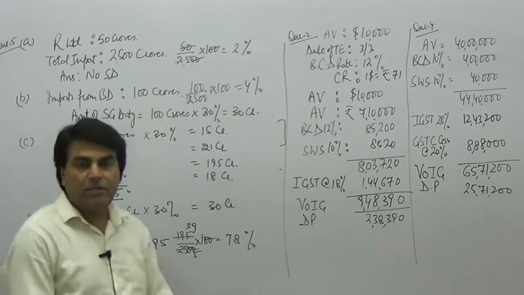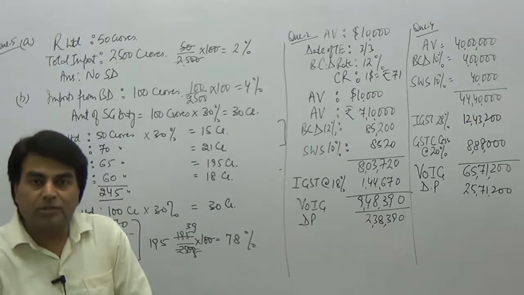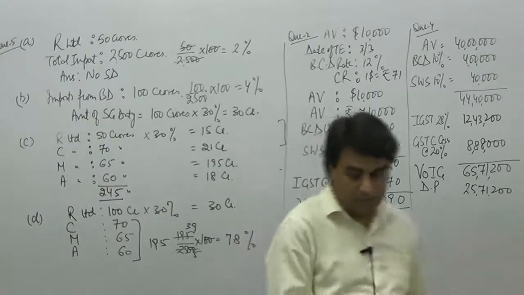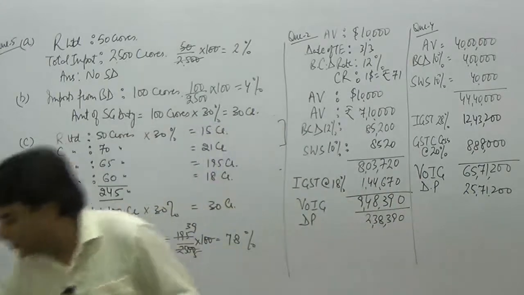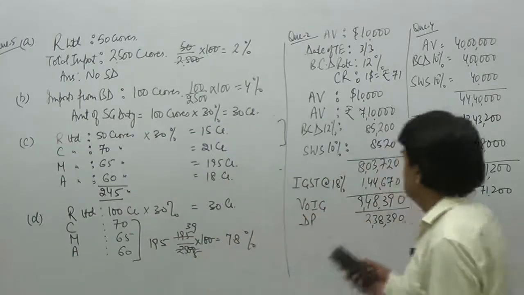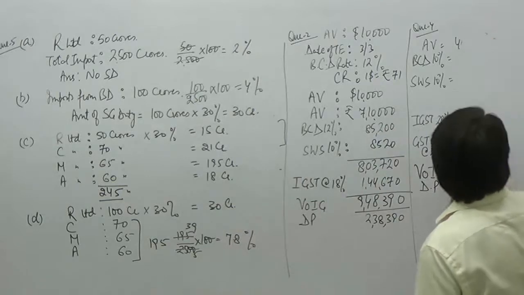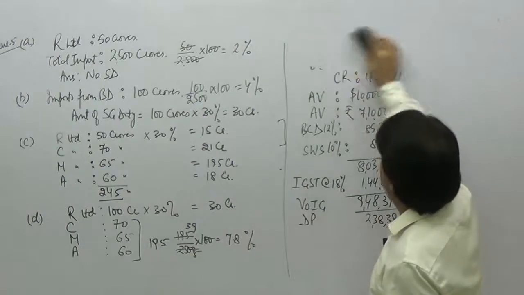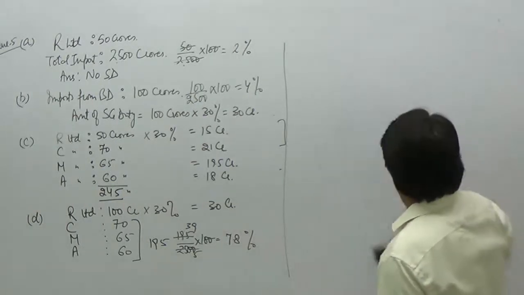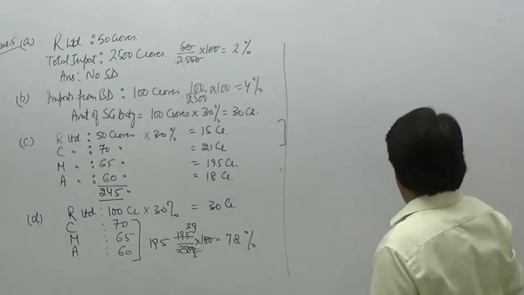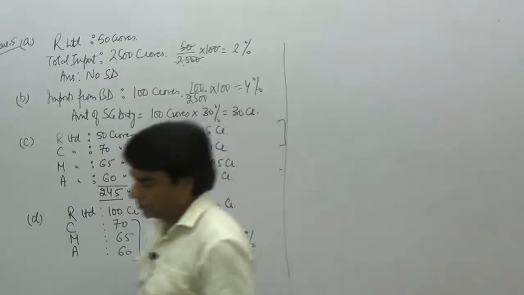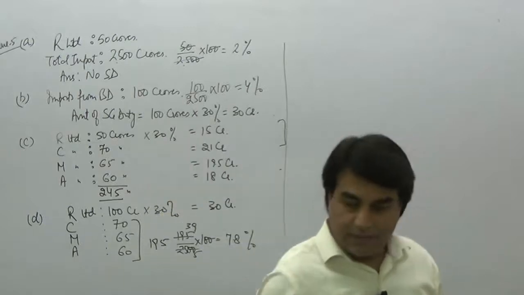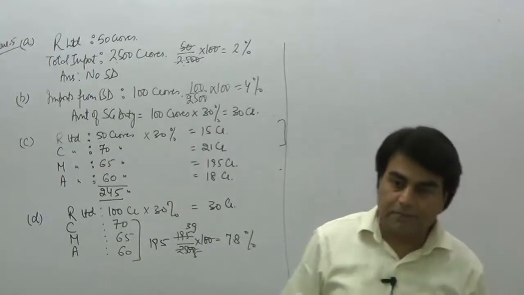Now the next I am taking is question number 6, and question number 6 is based on anti-dumping duty. The data given is this.